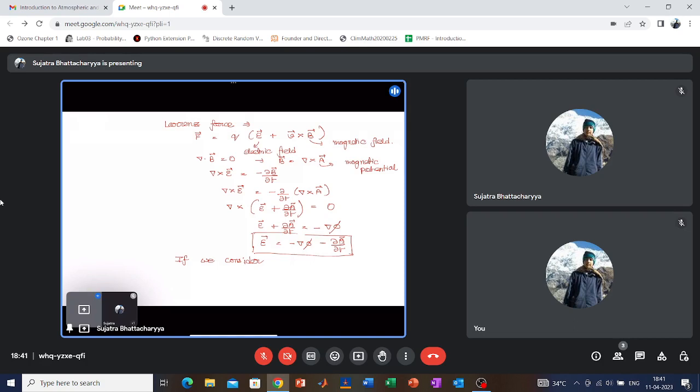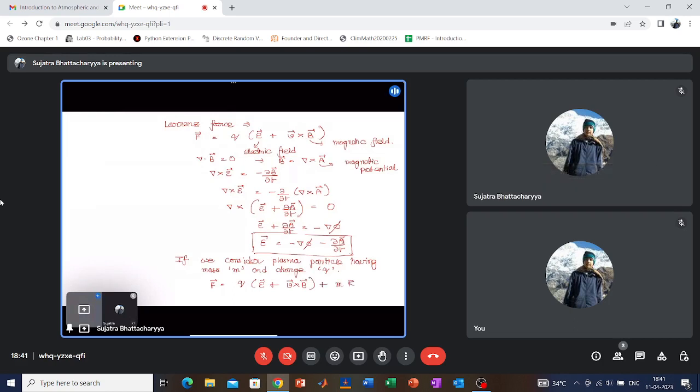So if we consider a plasma particle having mass m and charge q, then the total force on this particle will be q (E plus v cross B), which we have written as the Lorentz force, plus m into some r.